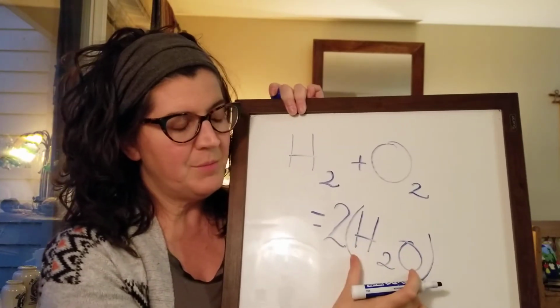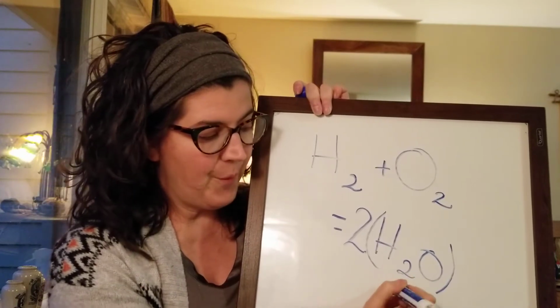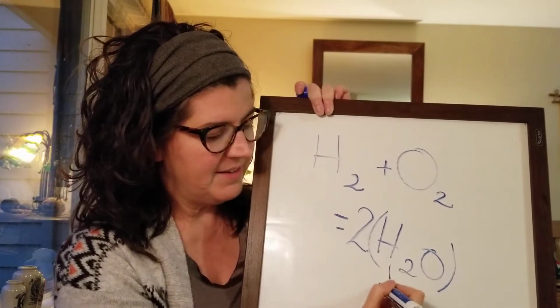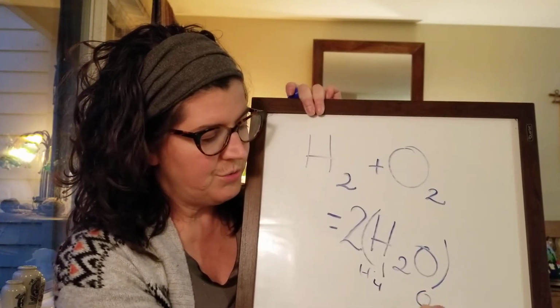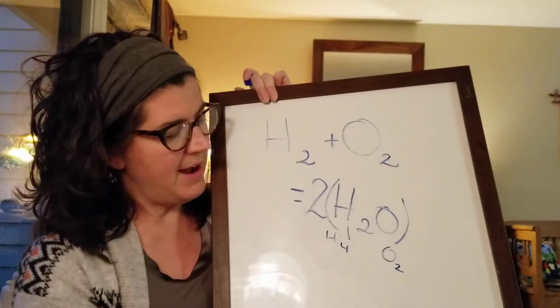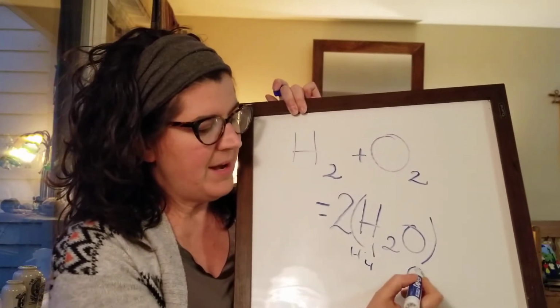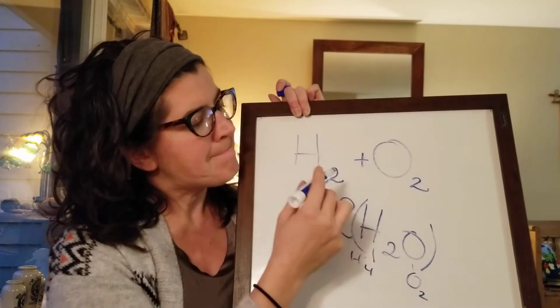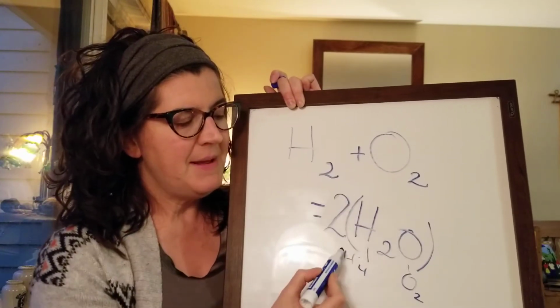The whole thing gets multiplied by 2. So then all of a sudden we've got 4 of the H's. And we've got 2 of the oxygens, correct? Because we've multiplied the 1 by 2. And now, what do we need to multiply up here to make this balance?